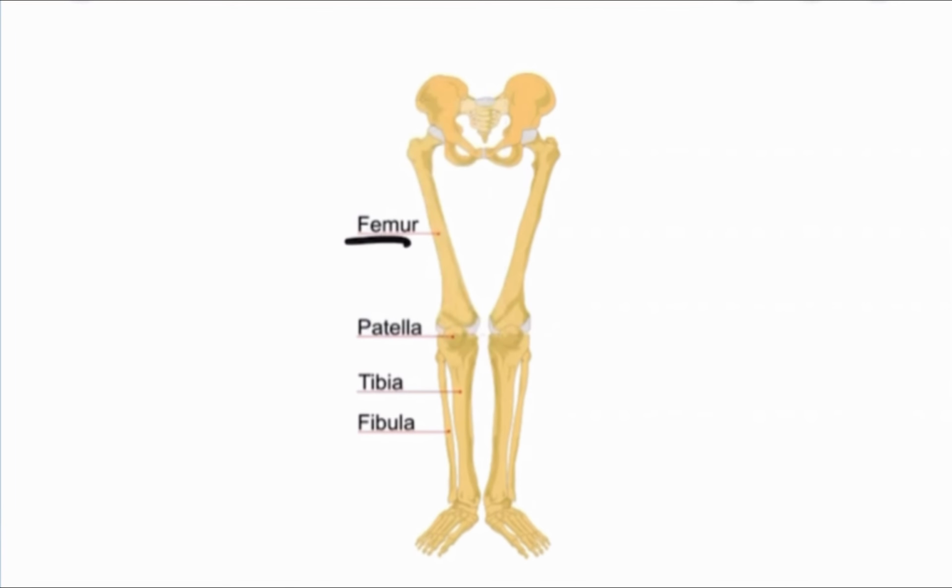And then, I don't know if you can see it from this diagram, but you have this circular bone right here, and that's called your patella or your kneecap. The lower part of your leg, which is right here, you have the tibia and fibula, and as you can see, the tibia is a thicker bone and the fibula is the skinnier bone.